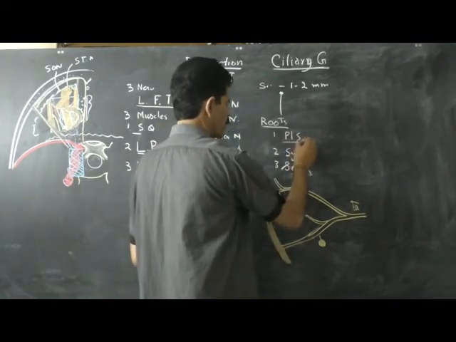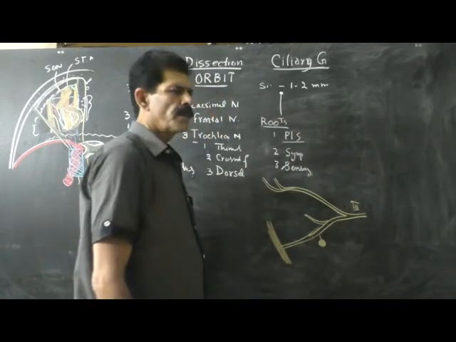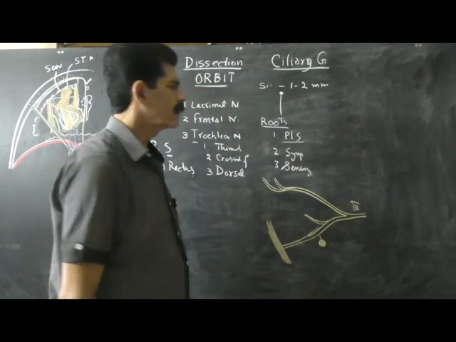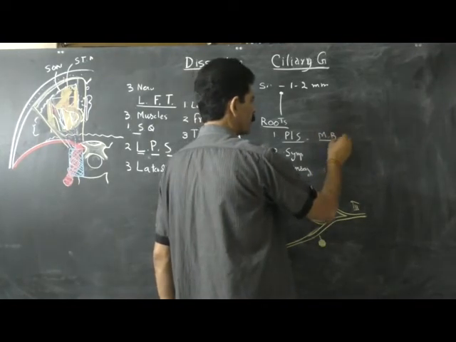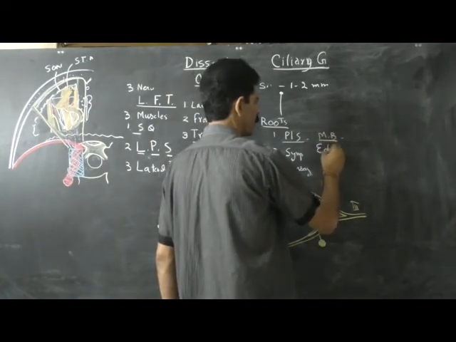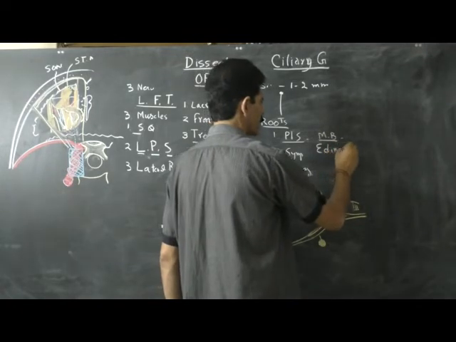So the parasympathetic root comes from the midbrain, from the Edinger-Westphal nucleus.